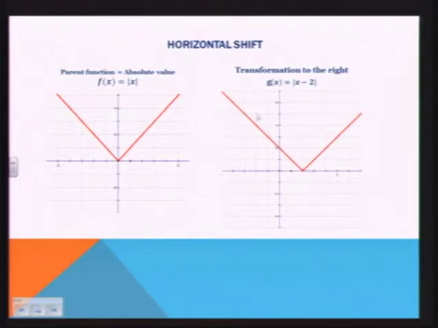Now, previously we talked about the transformation with a vertical shift upward or downward, and in this case, we're talking about a transformation either to the left or to the right. But you will note that the minus sign seems a little peculiar, since we usually expect that a positive sign will indicate that your graph would be on the positive side.